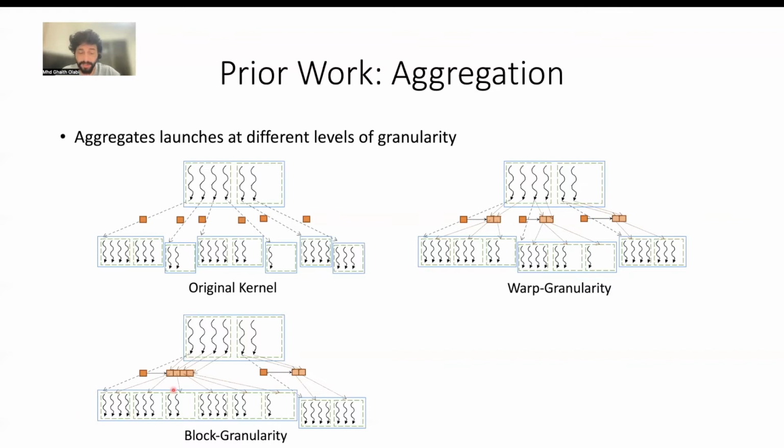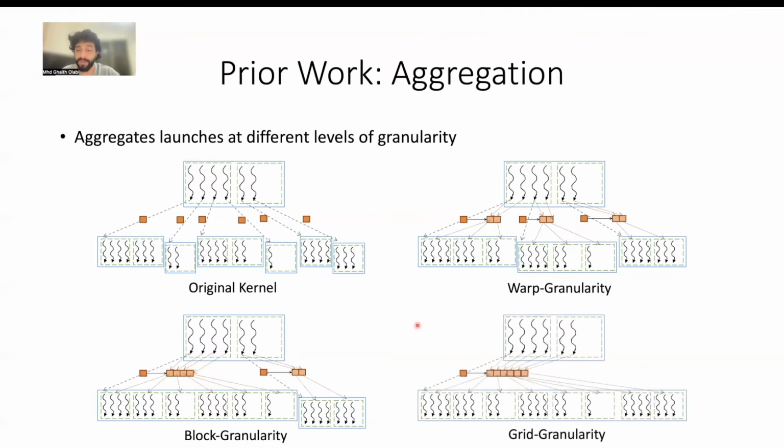So as a result, in block granularity, we could have at most one dynamic launch per parent block. And finally, we have grid granularity, which means that all the threads in the parent grid are going to consolidate their work into one launch. There would be one launch with all the child grids aggregated into one larger grid.